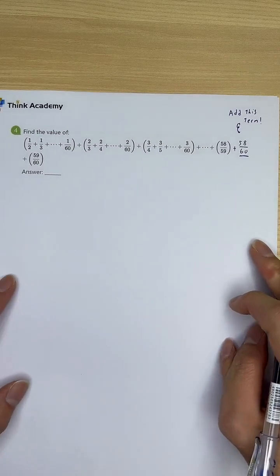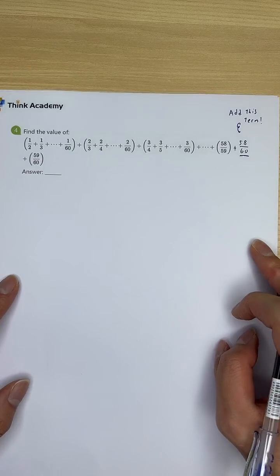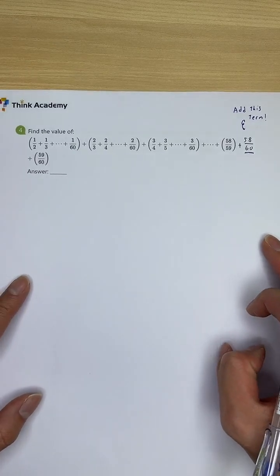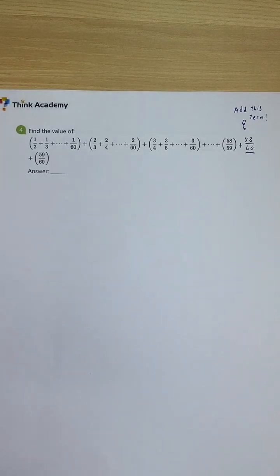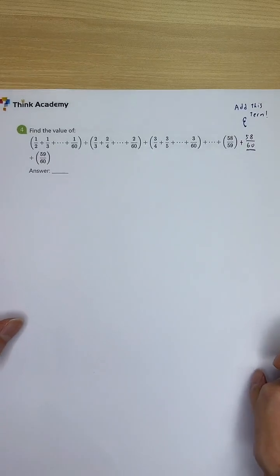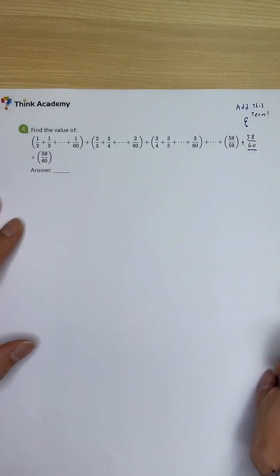So how are we going to solve this question? It doesn't seem like there's a lot of pattern going on over here. It seems a little bit messy. But what we learn about fractions is that we can add fractions together when the denominators are equal. So we kind of want to lean towards that concept.